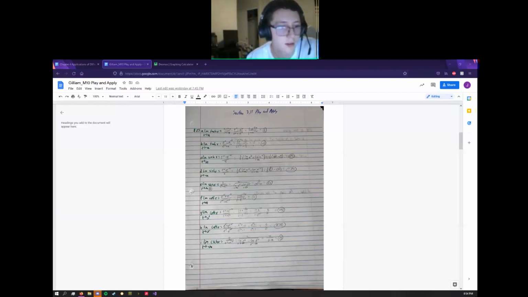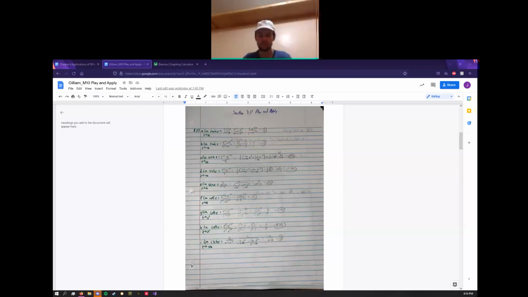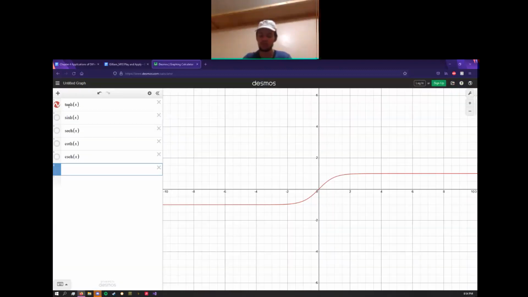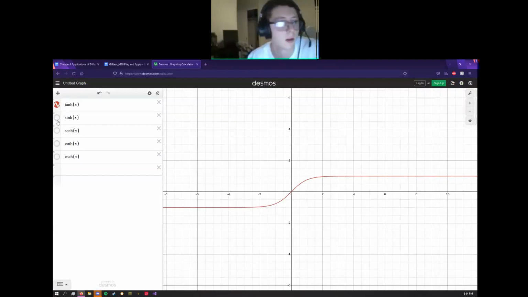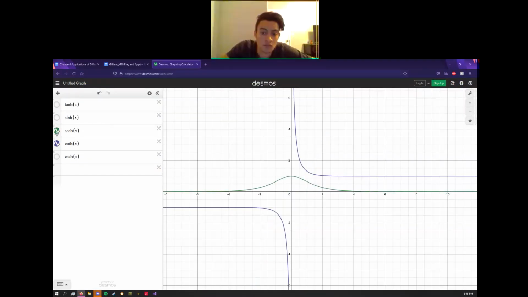Secant is the reciprocal of cosine, so it's going to be 2 over e to the x plus e to the negative x. I just proved each of them, and I even had little graphs to help see where it goes. So you could just follow each one.